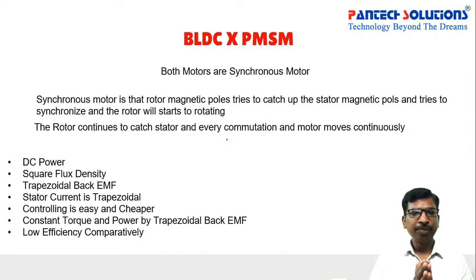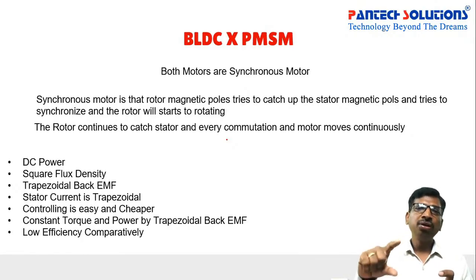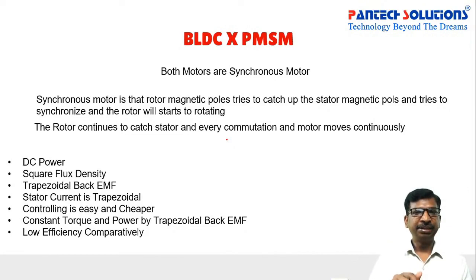Due to this behavior, the back EMF and flux density will be trapezoidal in shape, so the current and back EMF will all be trapezoidal. In the absence of a sinusoidal function, definitely harmonics will be there inside the machine, so torque fluctuations will be comparatively higher.